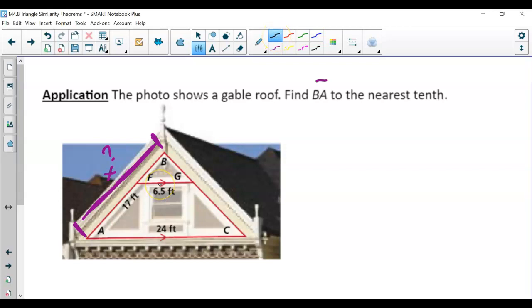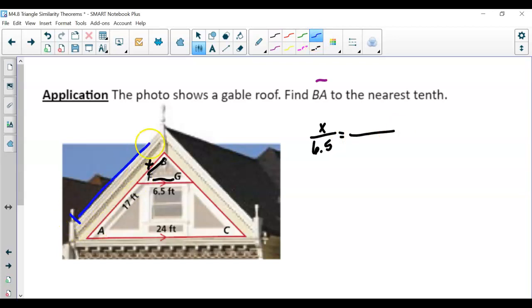Which means here that I've got the corresponding sides. Now, do we know what BF is? No. So here, what I'll do is, since that's what we're looking for, I'll label BF as my X to solve this problem. So we've got X and 6.5 for our side lengths here. You could set this up different ways. Do we put 17?